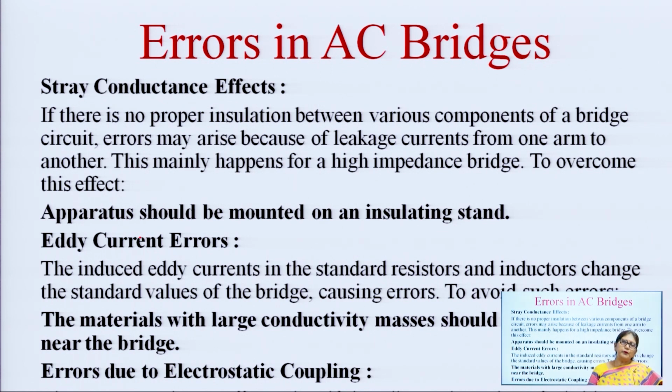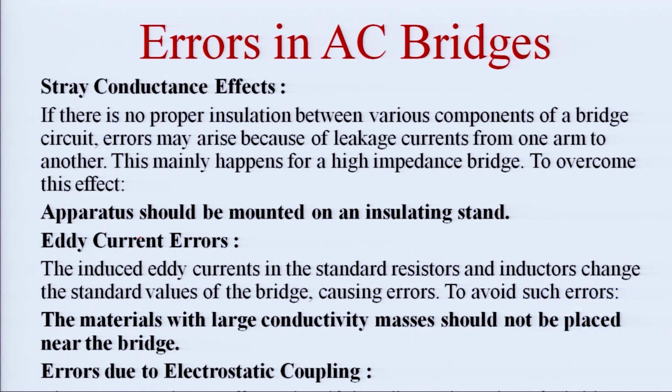There are different types of errors in AC bridges because we are using capacitance, inductance and AC sources. There are many errors because of stray capacitance, eddy current losses, and electrostatic and electromagnetic losses. One is the stray conductance effect.